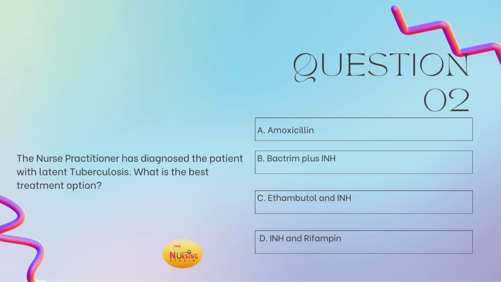So let's start with latent. You have a PPD test, it's positive. Now we need to go to our gold standard confirmatory diagnostic exams, being chest x-ray and or sputum culture, right, for tuberculosis. With latent, it will be negative, right? So the chest x-ray or sputum culture will be negative, but the PPD is positive.